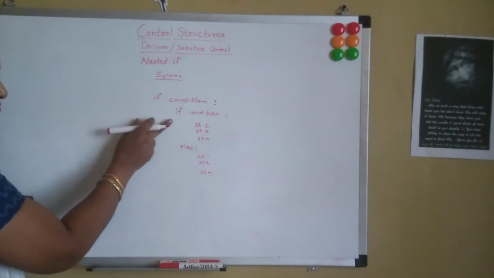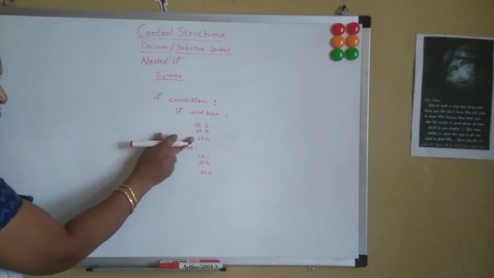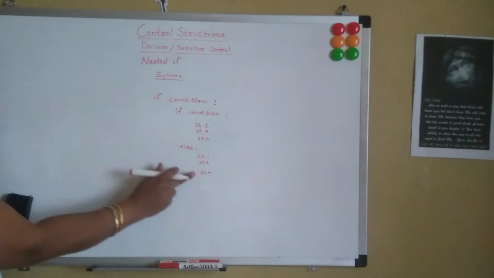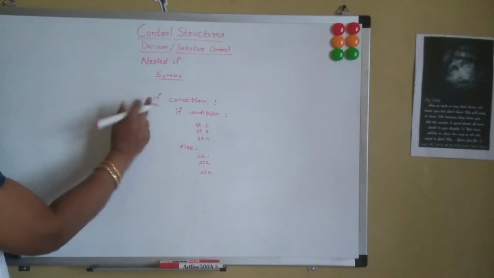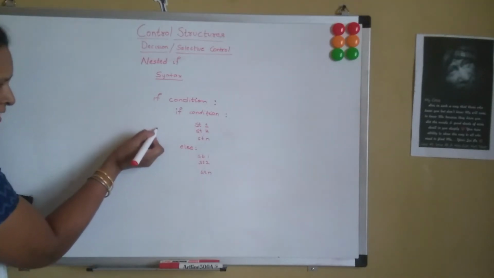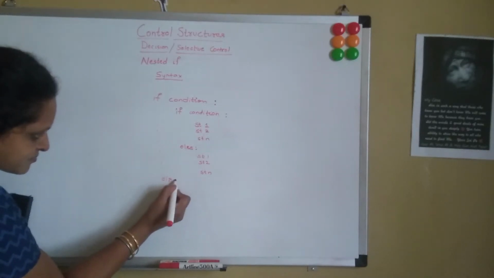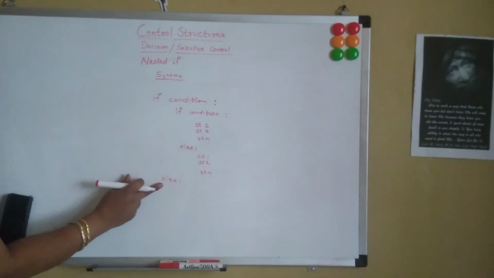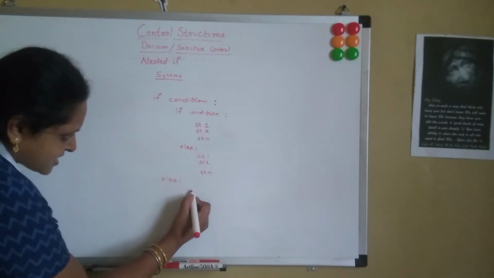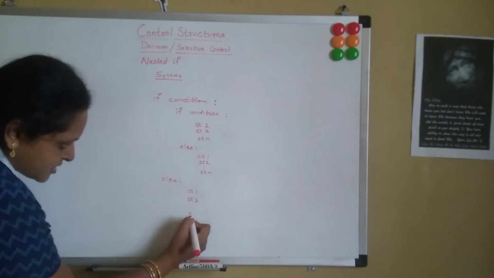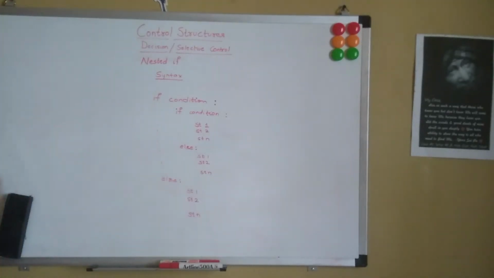And if the outer if condition fails, then we specify else, which is part of the outer if, and a set of statements, statement 1, statement 2 till statement n, gets executed. So this is the syntax for nested if condition.